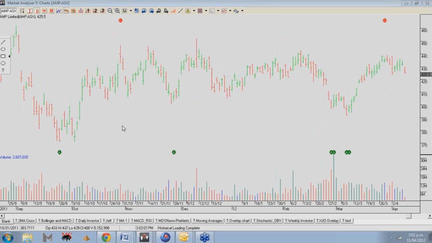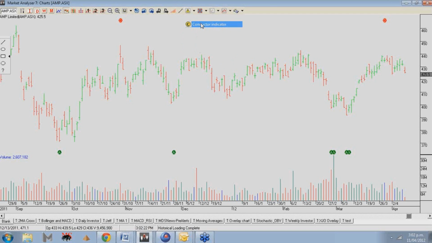So these are the things to be aware of, and they are very useful indicators to apply to your charts when you're monitoring a share, to identify that volume increase after a drop or after a rise. Both of them can indicate that a turning point is close at hand.